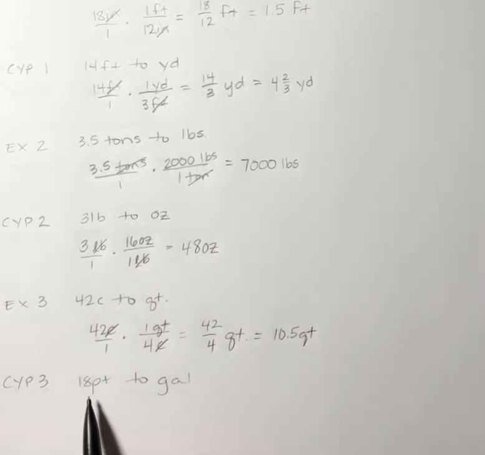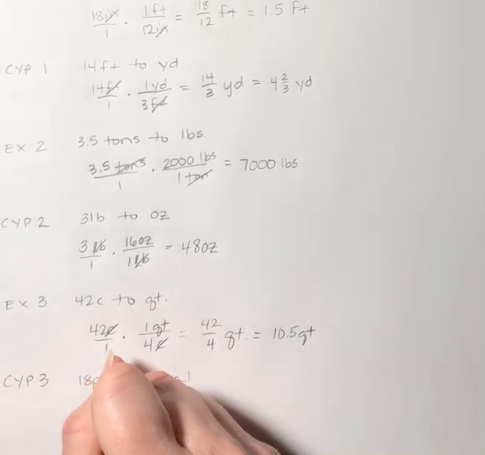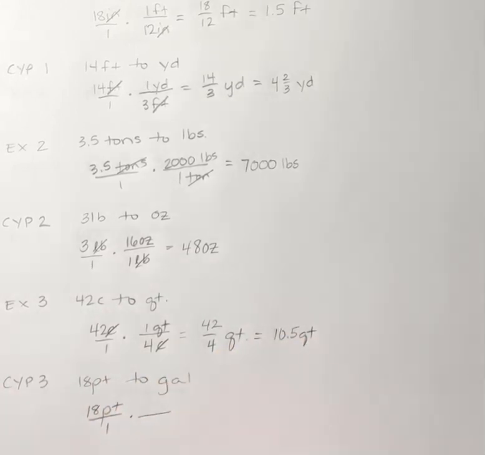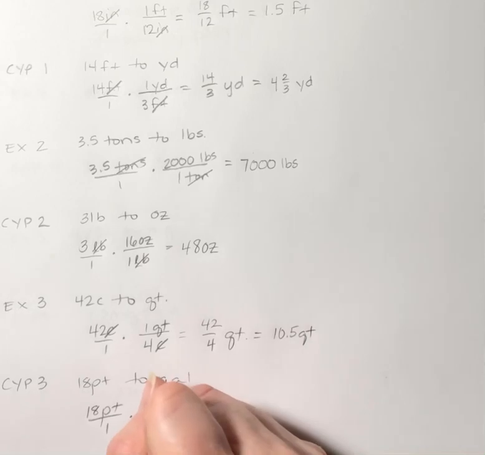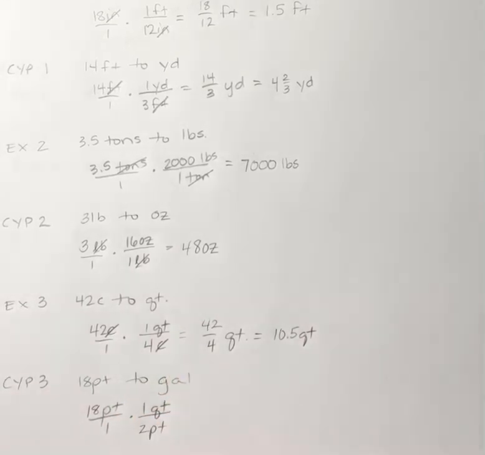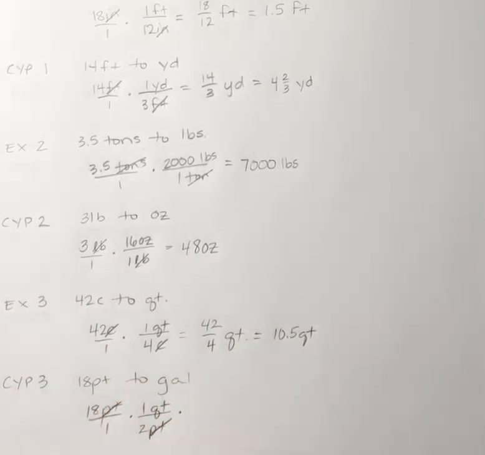And check your progress 3, we're changing 18 pints to gallons. Now, I don't know off the top of my head how many pints are in gallons, so I'm going to convert pints to quarts. Okay, so there are 2 pints in 1 quart. That converts pints to quarts.